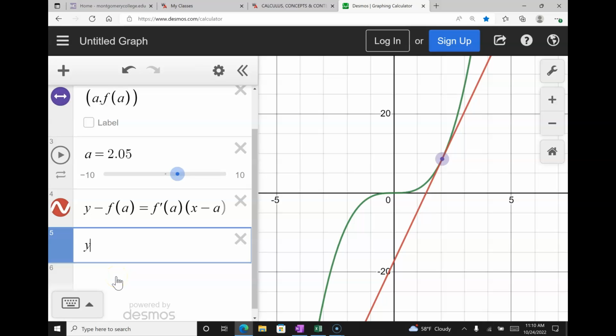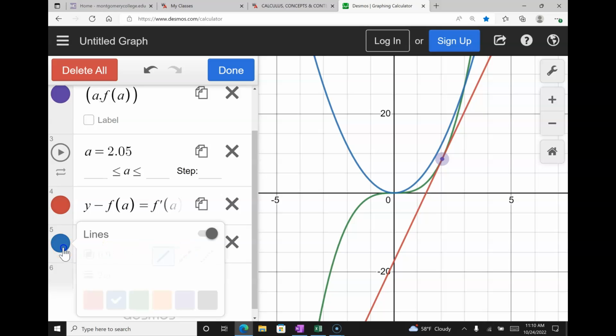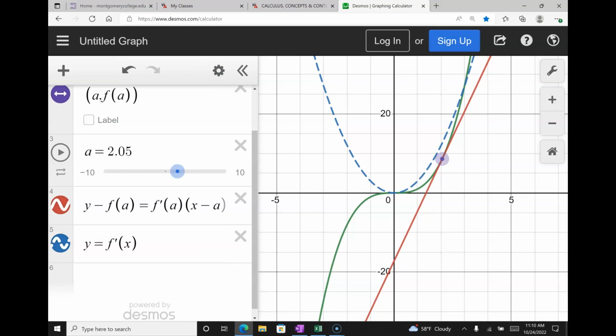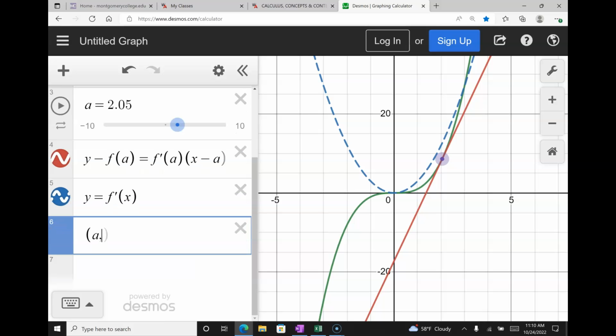I'm going to type in y equals f prime of x, and just because I want it to really stand out, I'm going to make that dashed. And what I want to do is ghost the height, the slope at that point, onto the derivative function. So I want to plot the point a comma f prime of a.